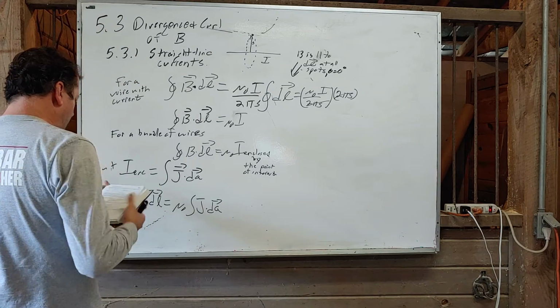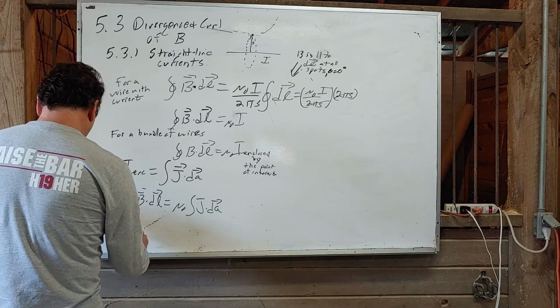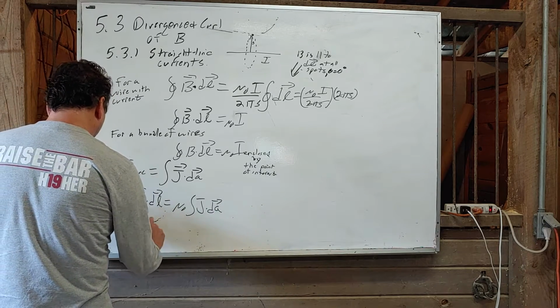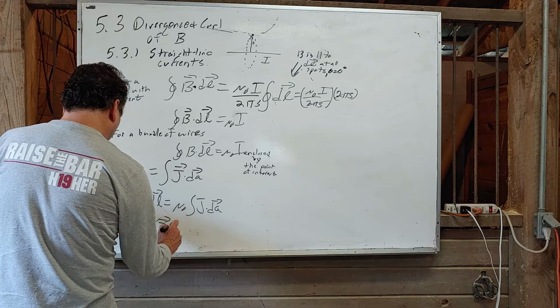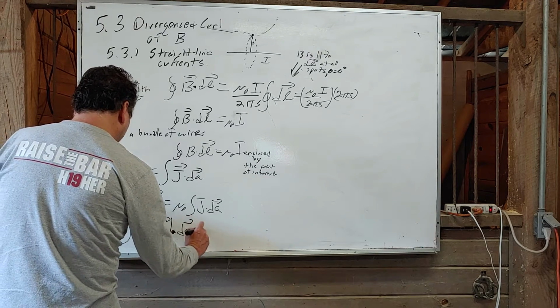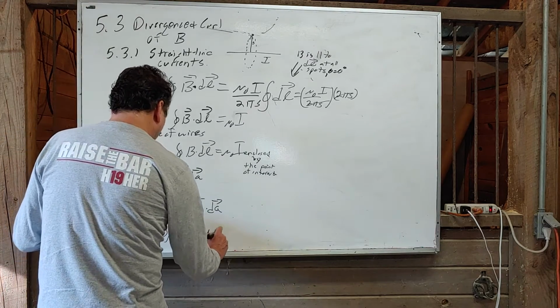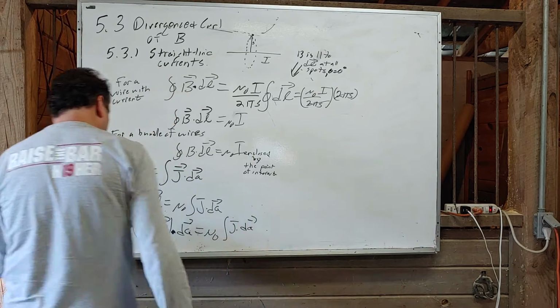So if I do that, this dot product now can be a cross. And so I'll get the integral of del cross B dot dA equals mu naught the integral J dot dA vector.